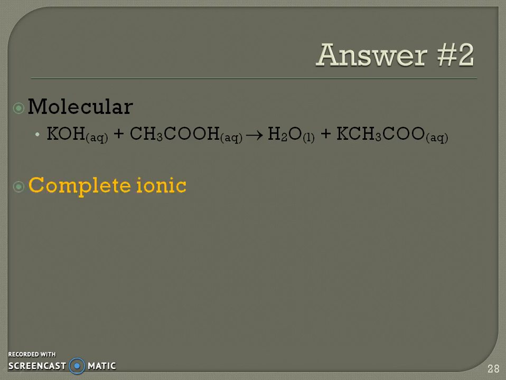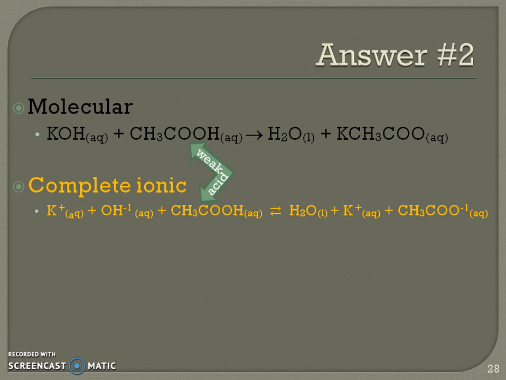But this time, we have something that's weak. So our weak acid, our acetic acid, is going to stay as a whole. It does break apart outers and inners for our molecular, but we have to keep it as a whole compound all the way through because it is weak, as well as the water. Notice I even have the equilibrium sign there because it is weak.